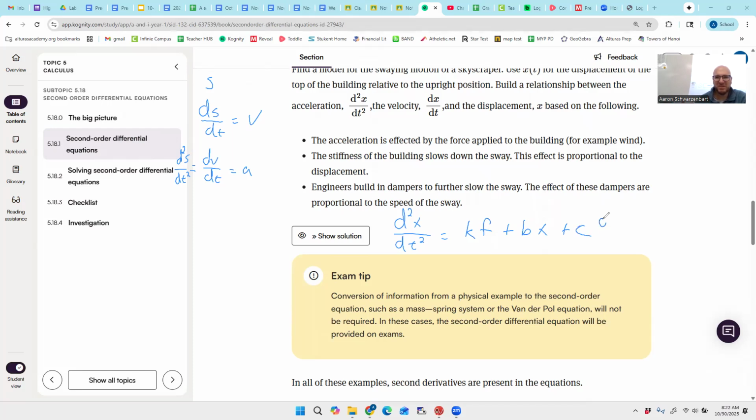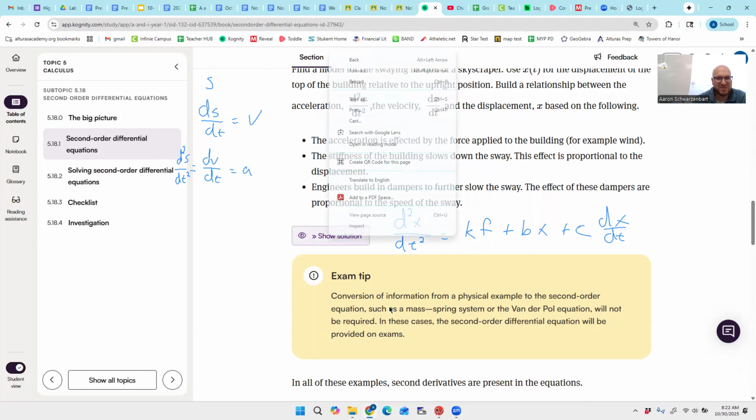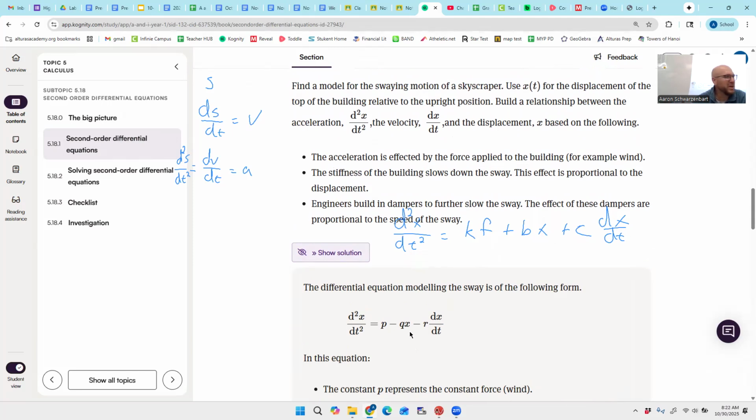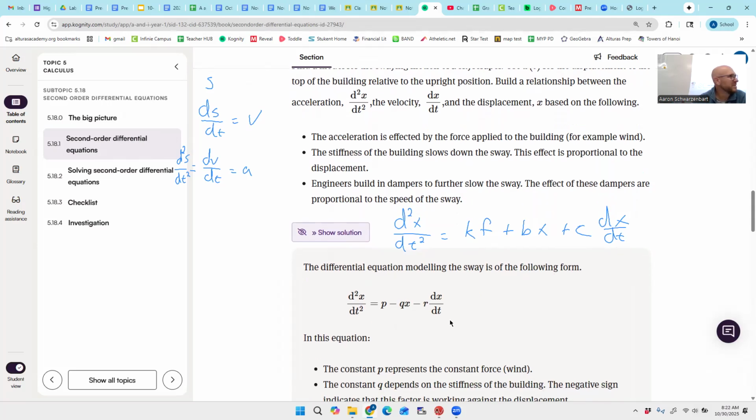I guess I'll use c. So I have some constant, I have a bx, I have a c dx/dt. Force they just called p, because k times f, some constant times f. They used q instead of b and r instead of c. Does that make sense?